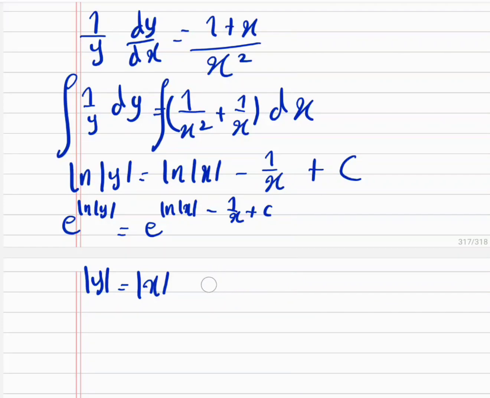wait, I made a mistake here. What happens is that we'll have this x on the denominator, and then here is minus e to the power of minus 1 over x, and then times e to the power of c, which is just a.